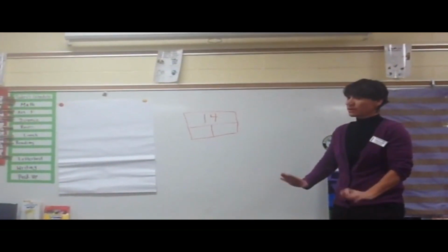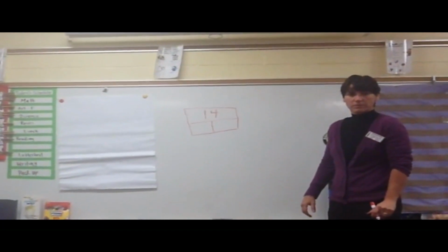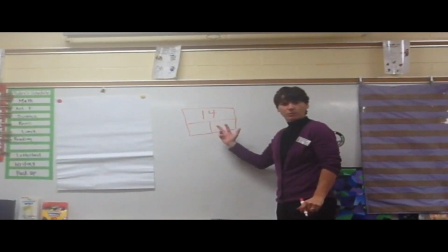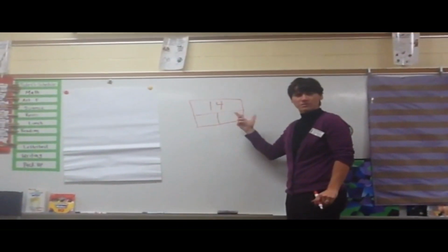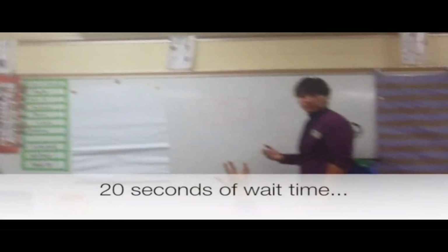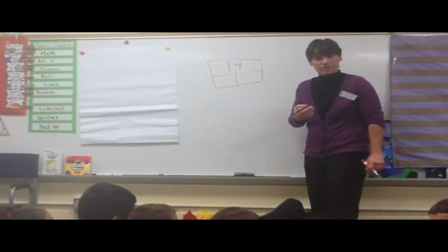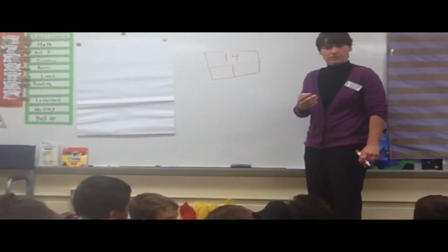Hands down, she's working on it. Would 6 and 8 work? Would that be 2 equal parts? No. Would 1 and 13 work? Would that be 2 equal parts? What would be 2 equal parts? 4 and 10, would that work? Is that equal? Is this 14?